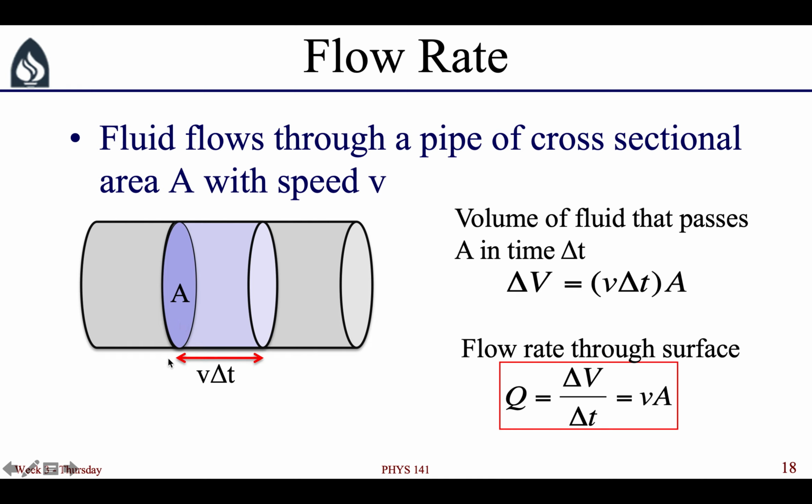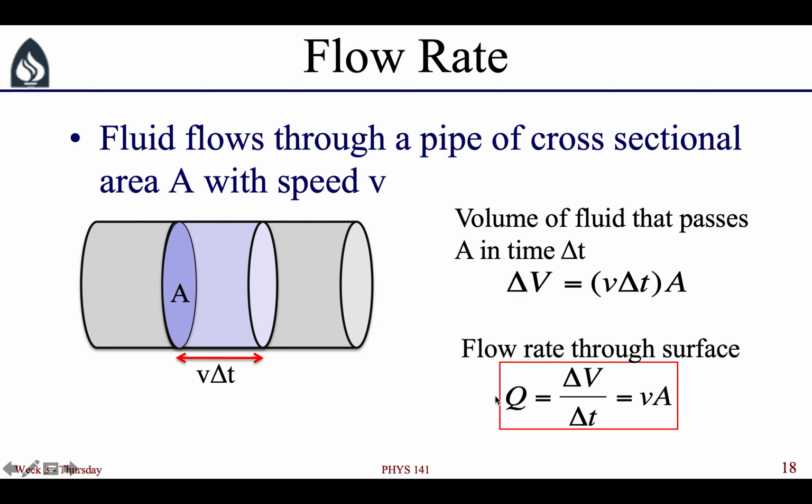So we can multiply that distance of fluid times the cross-sectional area to get the volume of this cylinder of fluid that has passed through the surface A in this delta t amount of time. So that gives us the volume of fluid that passes through the surface in that time.